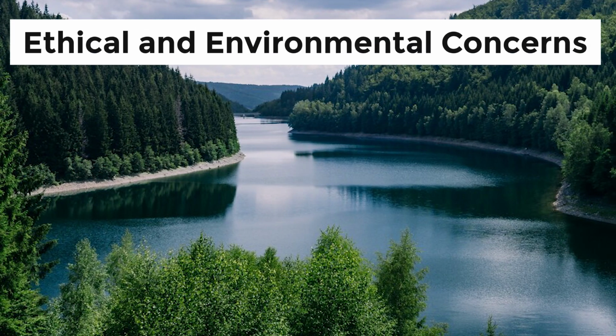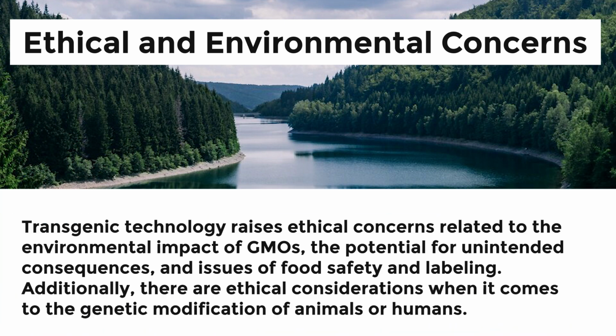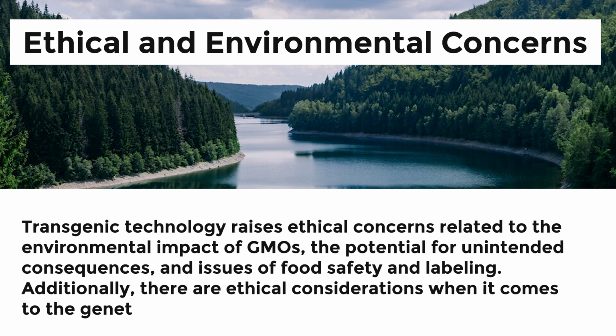Ethical and environmental concerns: transgenic technology raises ethical concerns related to the environmental impact of GMOs, the potential for unintended consequences, and issues of food safety and labeling. Additionally, there are ethical considerations when it comes to the genetic modification of animals or humans.